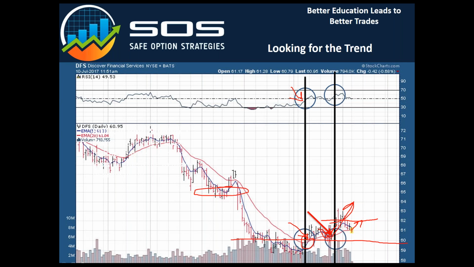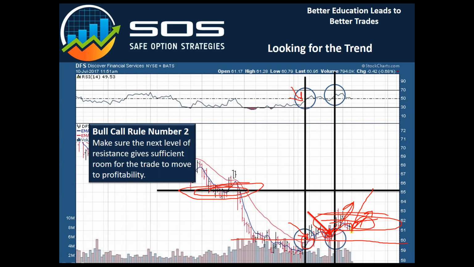Otherwise, we're fighting odds that we can get this trade to work out for us. The odds are not in our favor that this trade is going to work. If we've got a really strong level of resistance right here, we better feel pretty confident that on this next bounce off of that support, if we're going to use that as an opportunity to get into a bull call spread, that we've got a good chance of at least moving up to where that resistance level is before things slow down.